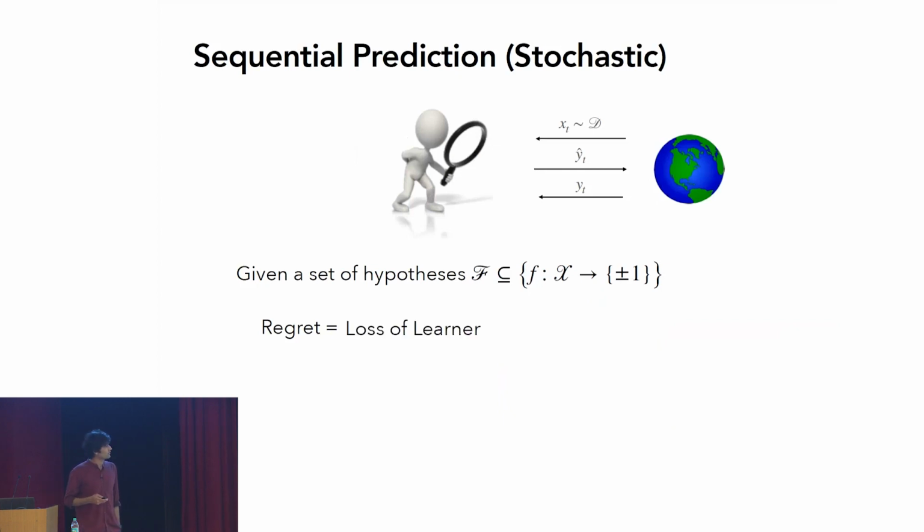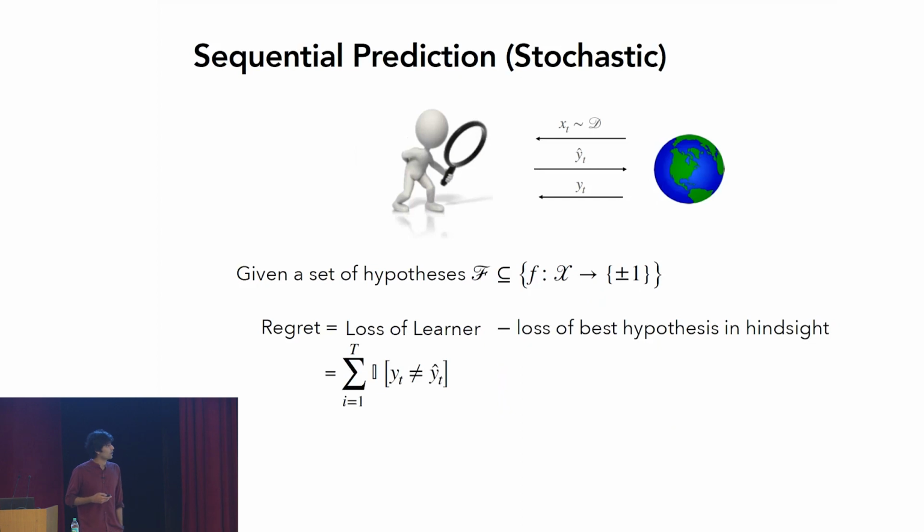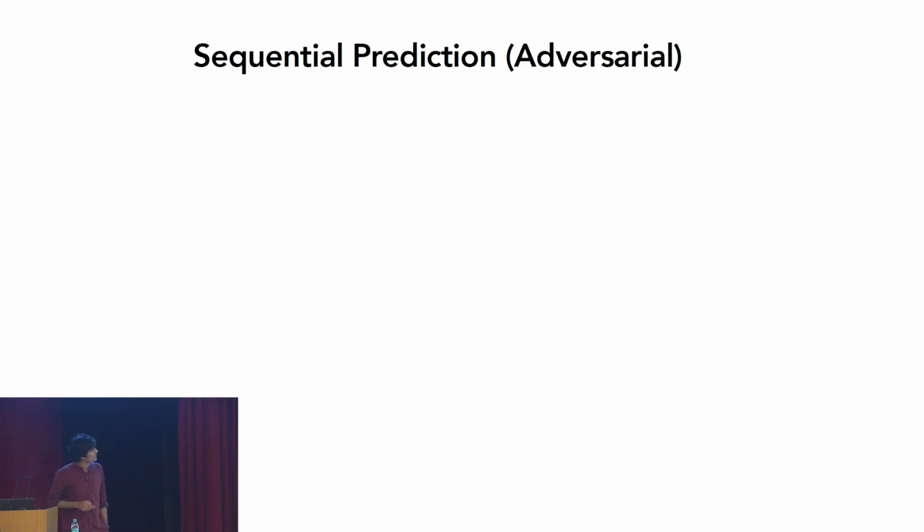This is the loss of the learner, which in this setting is measured as the number of mistakes that you make, the number of y hat t's that don't agree with y t's, minus the loss of the best hypothesis in hindsight, which is the best predictor in the class. You're comparing to the number of mistakes the best predictor makes in hindsight. Okay, so this is the stochastic setting.